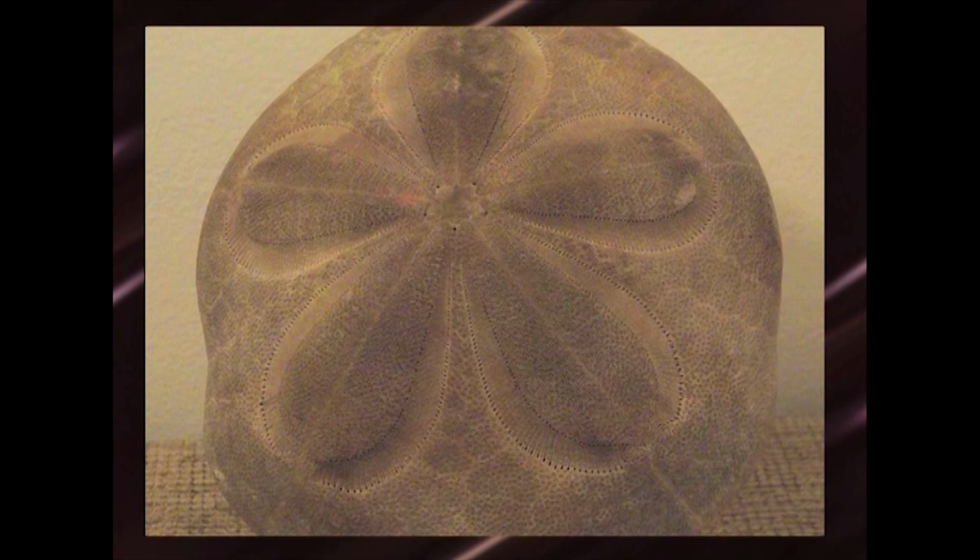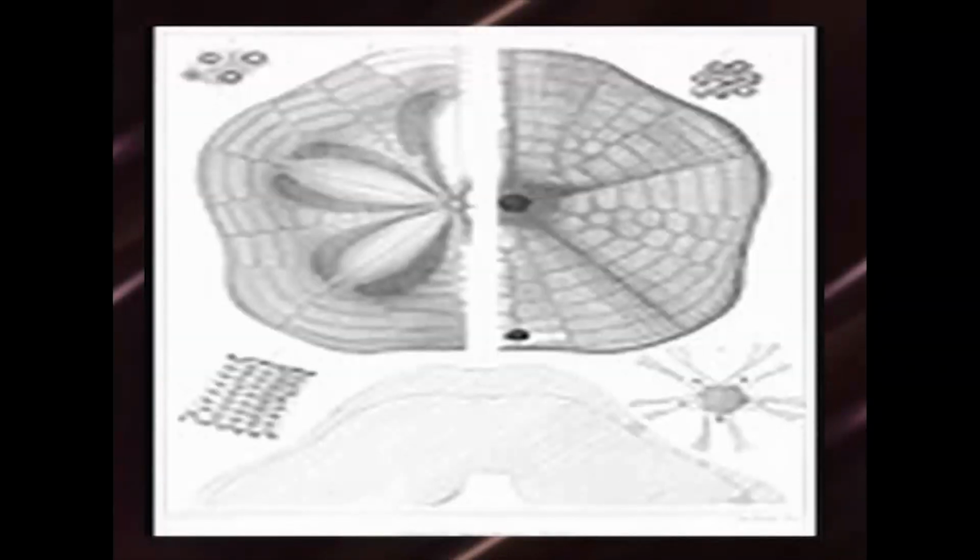Each double column is termed an area. The former lie against the ocular plates, the latter against the genital, and in each case fresh plates are developed next to the apical disc. In each area the plates alternate on either side, and since their inner ends are angular, the line between the two rows is zigzag.